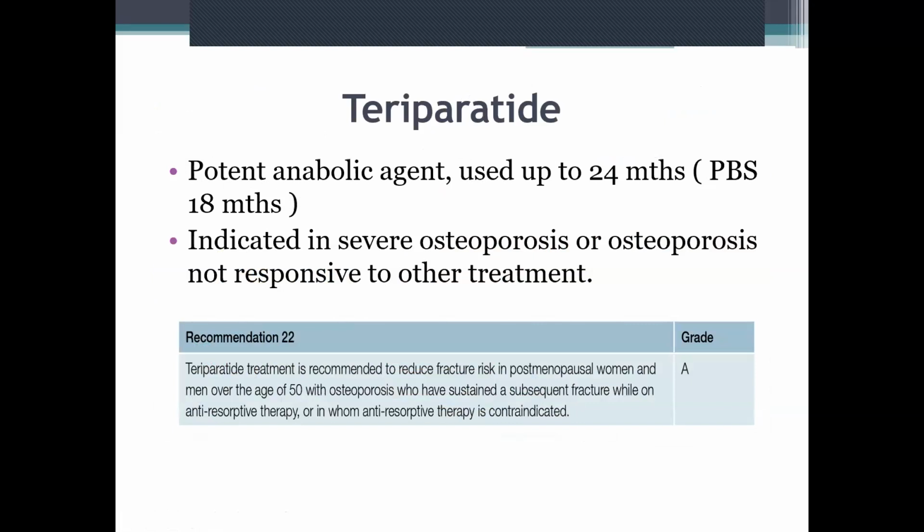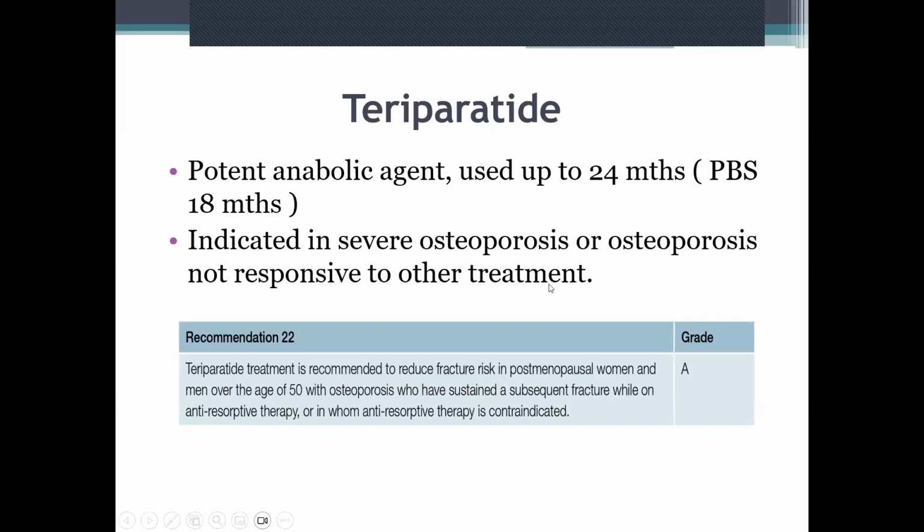Teriparatide is something that we are familiar with. Most of the time in primary care, if your patients have a fracture on anti-resorptive agents, either on bisphosphonates or even if they fracture on denosumab, what I tend to see is referrals to consider teriparatide. Teriparatide is a potent anabolic agent. As we know, we can use it for up to 24 months, but the PBS reimburses its use for up to 18 months.